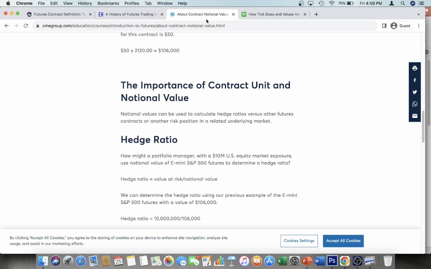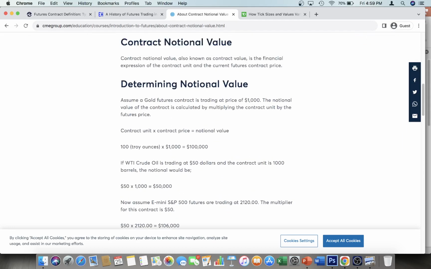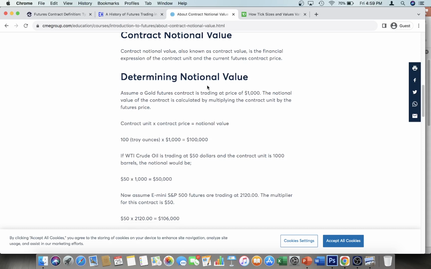So I'm going to talk about something called notional value and the importance of determining it. If you want to determine the notional value of something you're trading, it's important to understand the contract unit and the price, and you multiply these two things. In this example, CME Group has 100 troy ounces of gold, and gold is trading at $1,000, meaning each gold contract is worth $100,000.